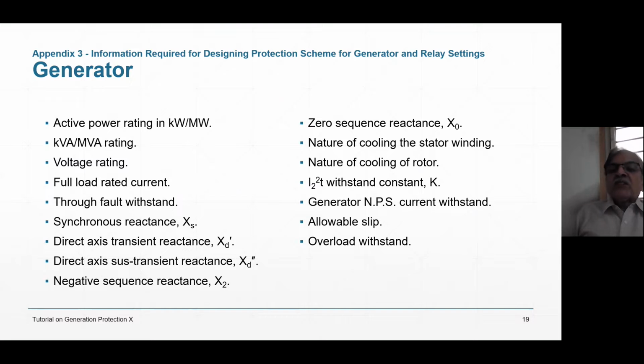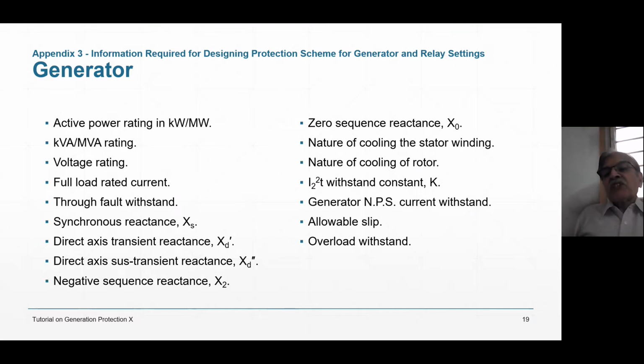Nature of cooling of the stator winding: is it cooled by water or what kind of cooling? Nature of cooling of the rotor: we are using hydrogen, but that has to be informed to us. Then the I2 square T withstand constant K of the generator, which the generator manufacturer will provide.